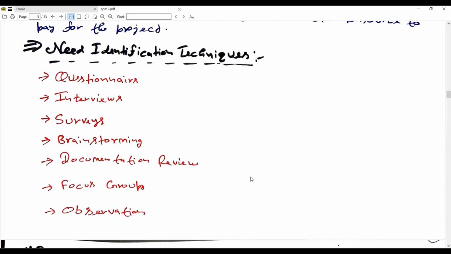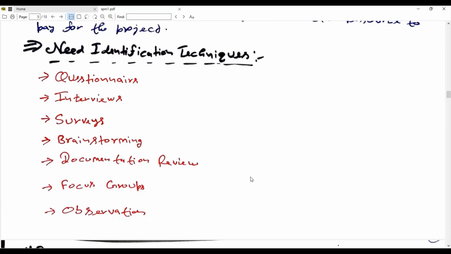Documentation review means we review previously completed projects and find the important information from there. In the technique of focus groups, we select some expert teams and collect inputs from them.